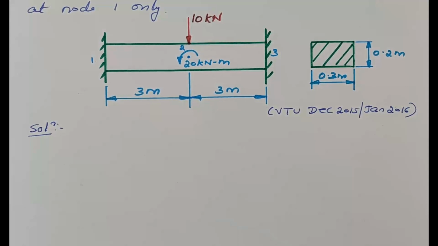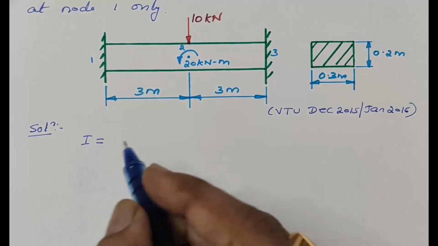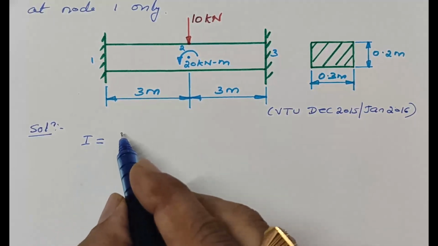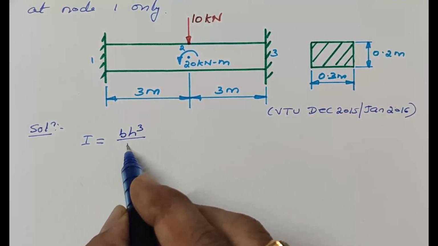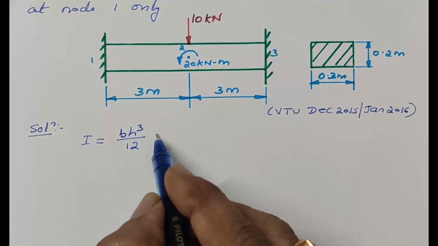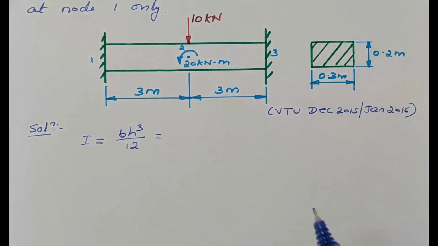First we will calculate moment of inertia. Moment of inertia I is equal to, for rectangle cross section, BH cube by 12. Here B is 0.3 meter and H is 0.2 meter.